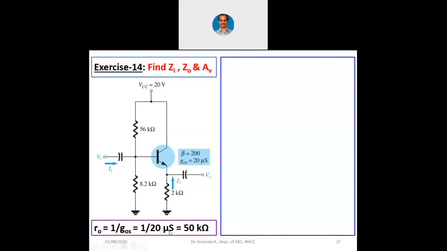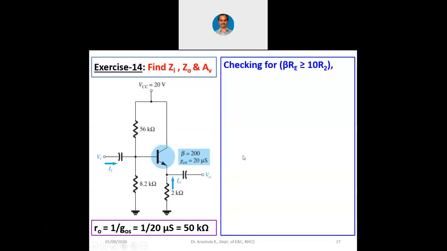So 1 over 20 microsiemens. Don't confuse this with seconds. I have purposely put a capital letter there. If it is seconds, generally we use a small letter. So it is not 20 microseconds, it is 20 microsiemens. That is the unit for conductance.